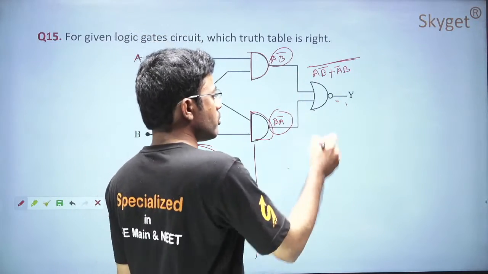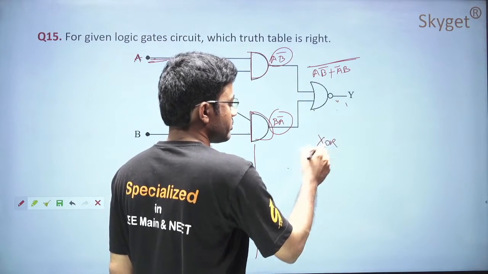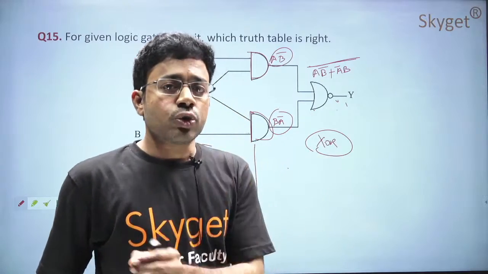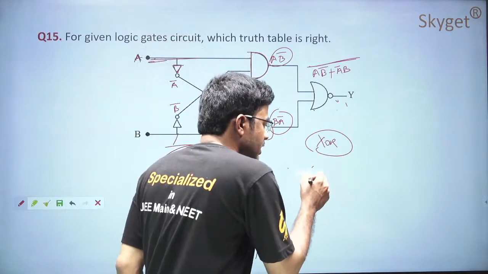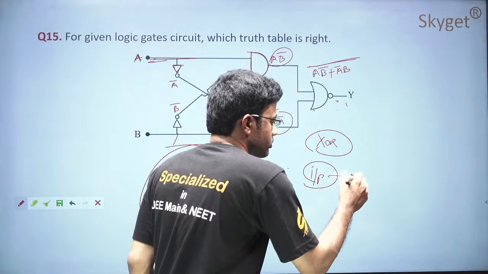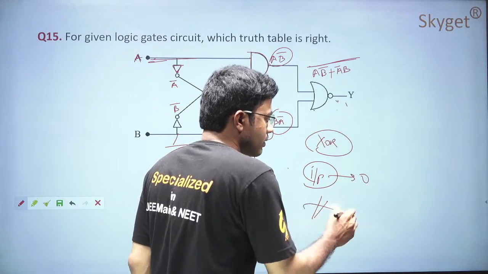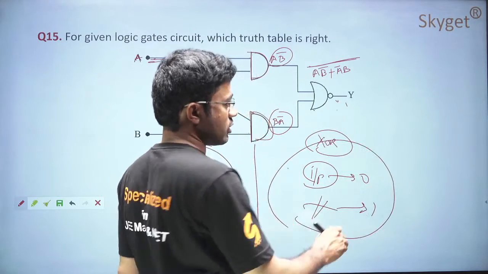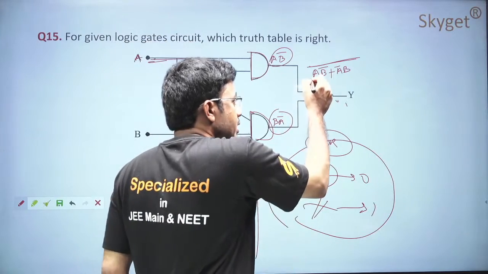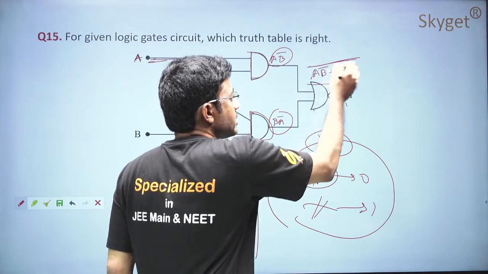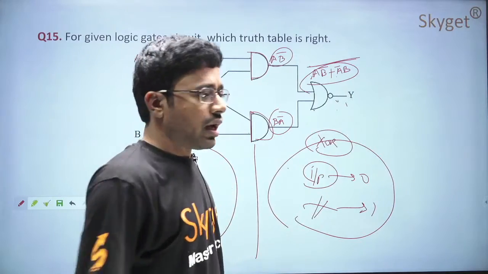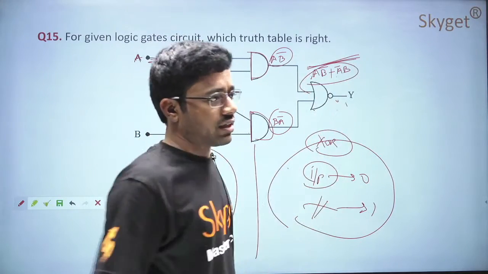First of all, if you know what is meant by an XOR gate, when the two inputs are equal, the output is 0. When the two inputs are not equal, the output is 1 in the case of the XOR gate. So here AB bar plus A bar B indicates an XOR gate, and you just have to complement the XOR gate.